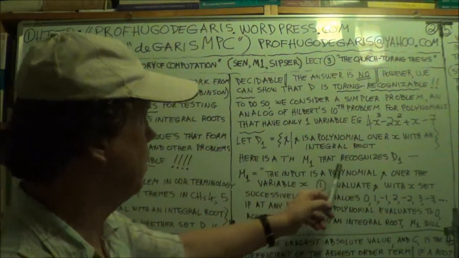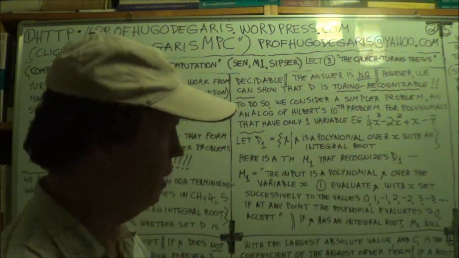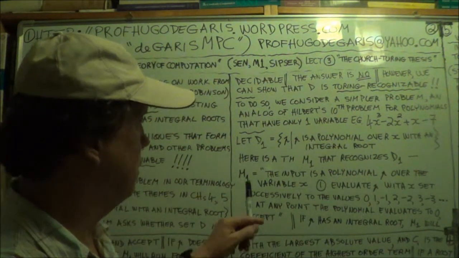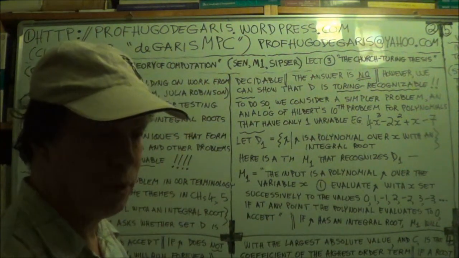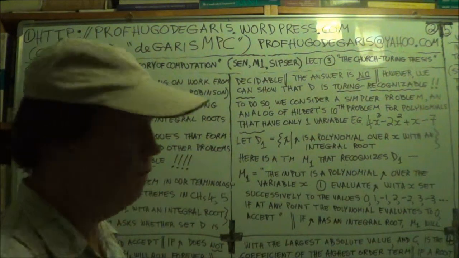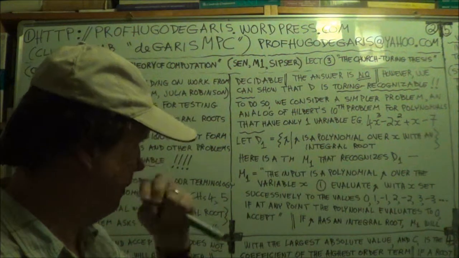Call it M1, and it's going to be a recognizer. It's a recognizing machine. In other words, if the string that goes in satisfies the property of belonging to the set, then that machine will accept it.